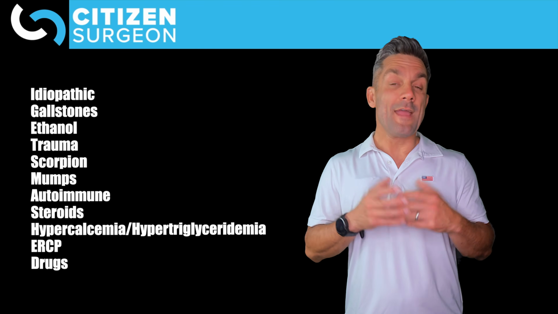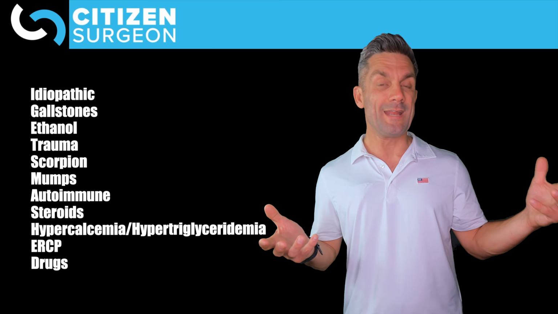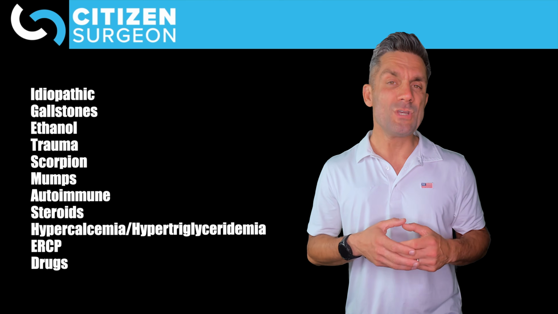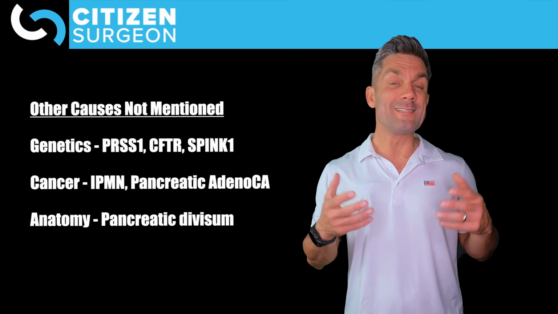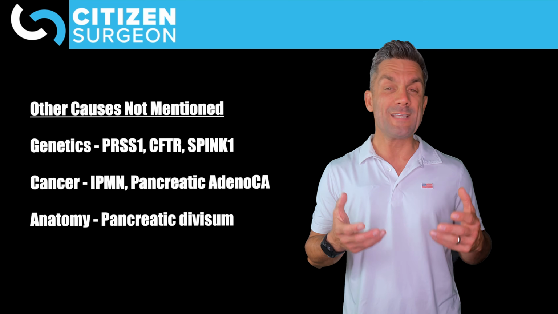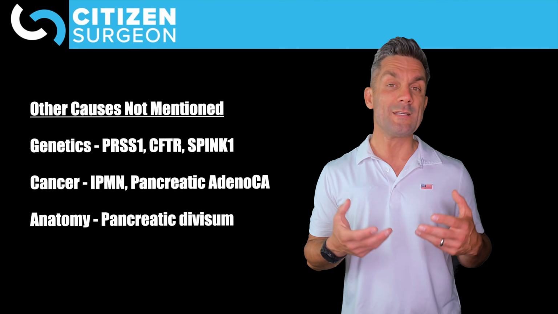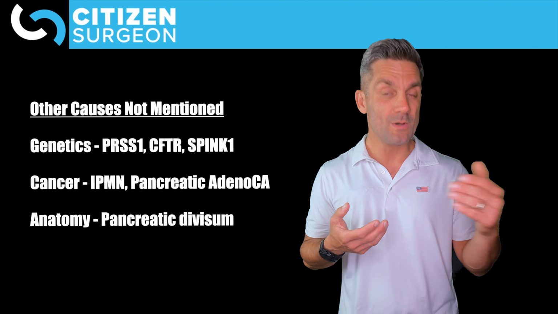Now, there are some other causes, and there are probably ones I'm not going to even mention today that didn't make it into the I get smashed acronym. So what is one of those? One is genetics. PRSS1 mutations or CFTR mutations, for example in cystic fibrosis, can lead to an increased predisposition to pancreatitis.